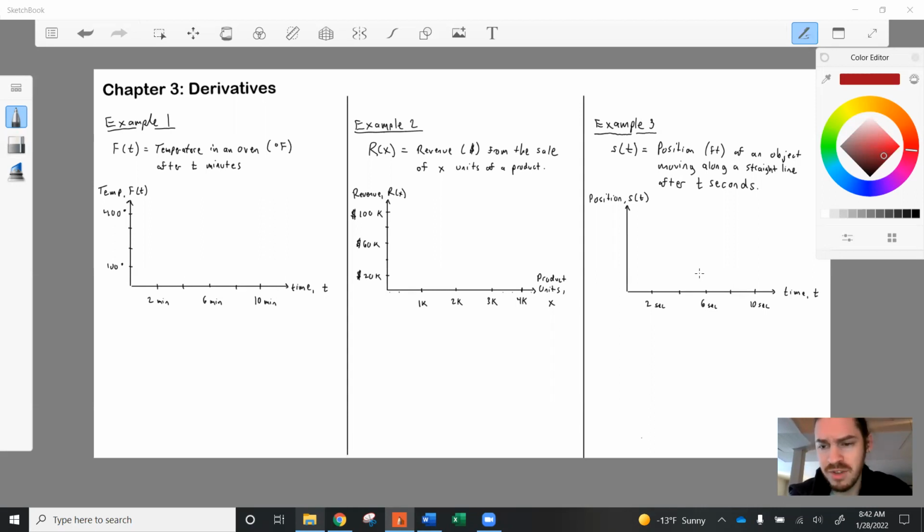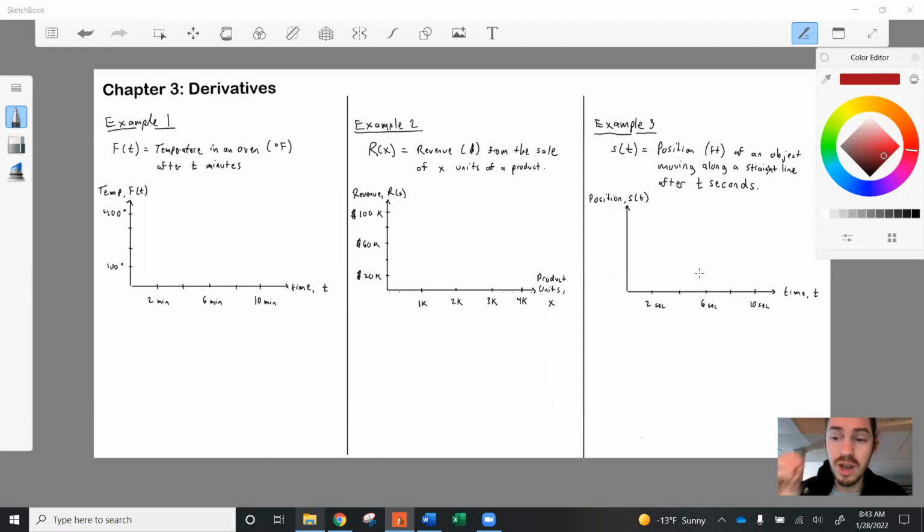So it's not the same as profit, but it's revenue in dollars from the sale of x units of some product or service. This is a sort of standard construction when you're studying a business. So we have that function. And then the third one is going to be position in feet of an object which is moving along a straight line. In this class, Calculus 1, we're going to be looking at linear motion a lot.